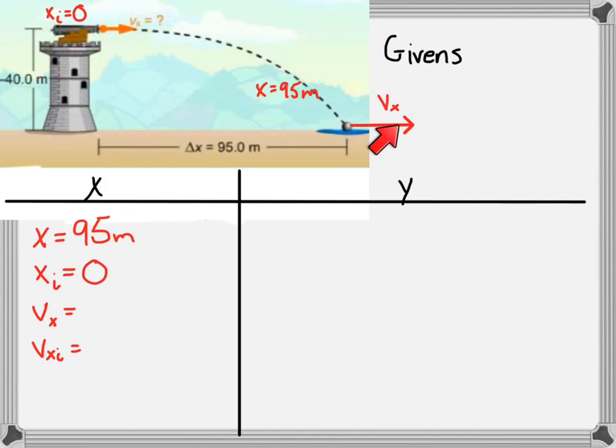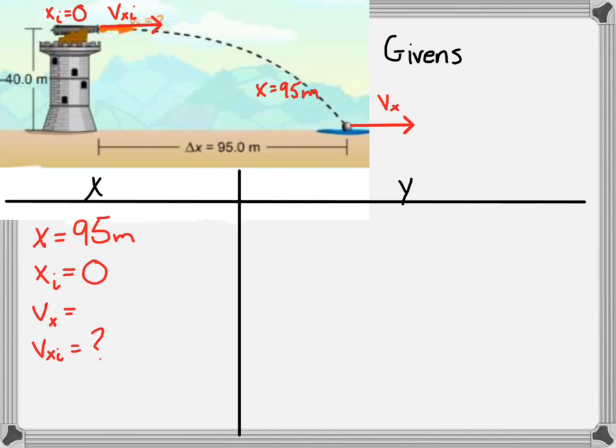That velocity will have an x component, and that x component vector looks like this. Likewise, up here at the top, it starts off with an initial velocity, and its x component is going to be Vxi. That is what we're trying to figure out, how fast the ball comes out of the cannon. That's the unknown I want to find out, so I'll put a question mark next to that.